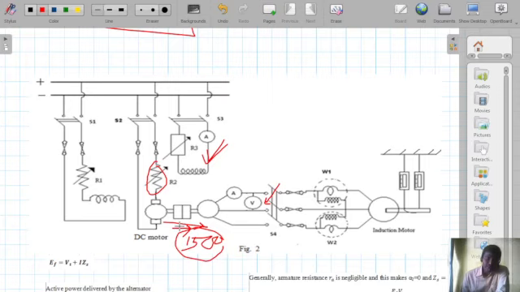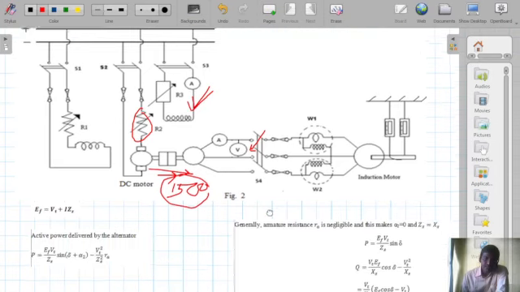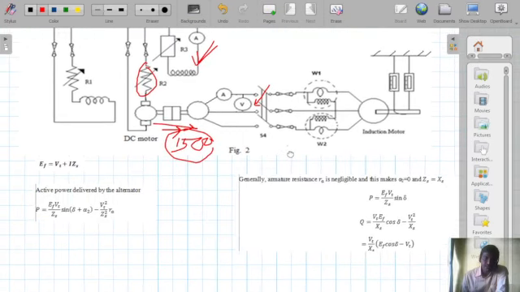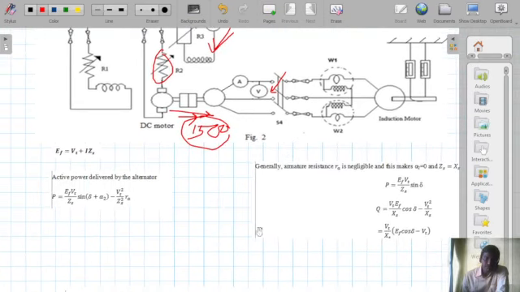So to maintain those values at their rated, we have to adjust this excitation and the armature voltage of the DC motor separately.